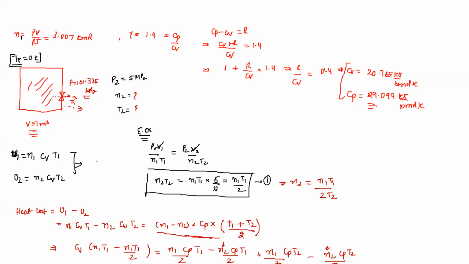So when I simplify this and substitute all the values, I'll get a quadratic equation in T2. I'll actually write the simplified form. So that is going to be Cv T1 is equal to Cp T1 by 2 plus Cp T2 minus Cp T1 square by 2T2.